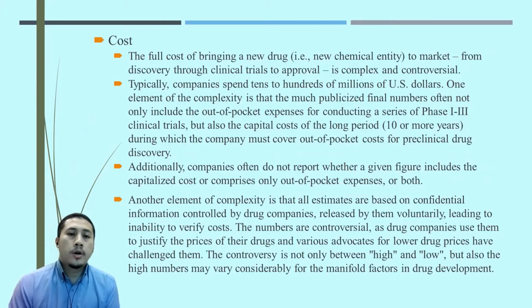The full cost of bringing a new drug to market from discovery through clinical trials to approval is complex and controversial. Why? Typically, companies spend tens to hundreds of millions of US dollars. One element of the complexity is that the much publicized final numbers often include not only the out-of-pocket expenses for conducting a series of phase 1 to 3 clinical trials, but also the capital cost of the long period, 10 or more years, during which the company must cover out-of-pocket costs for preclinical drug discovery.